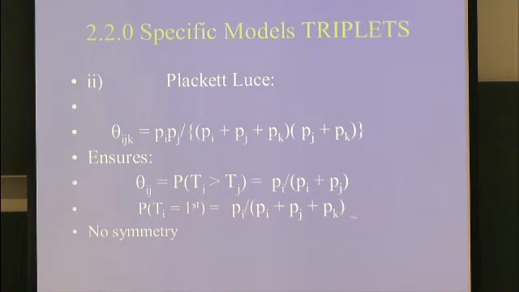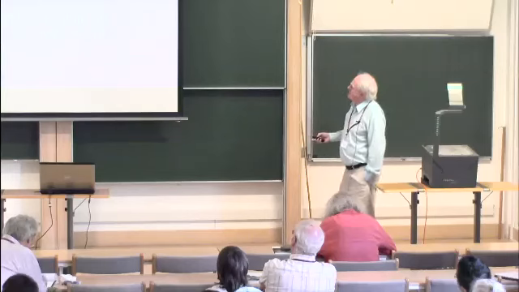Plackett-Luce came up with this one, and this does ensure the Bradley-Terry formula for pairwise comparisons. Also, the probability that Ti is the first preferred is given by the first product. This is a product of these two probabilities here. But we don't have the symmetry in that case, but maybe that's not something we would want.